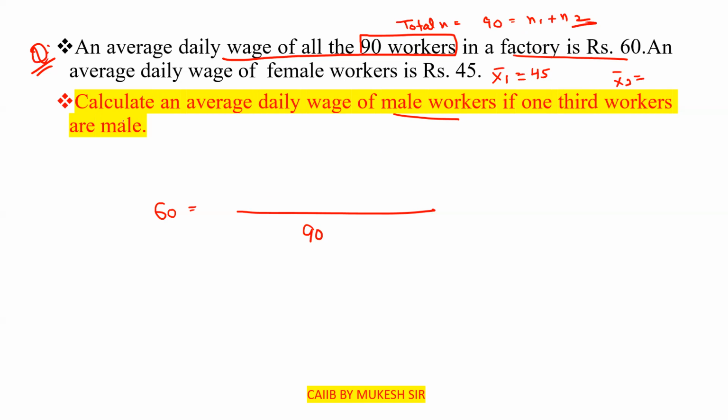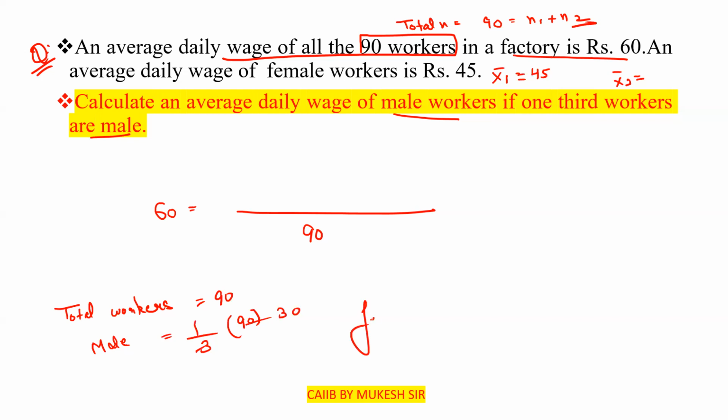And 1/3 of the workers are male. So total workers are 90, and male workers are 1/3 of 90, which is 30.